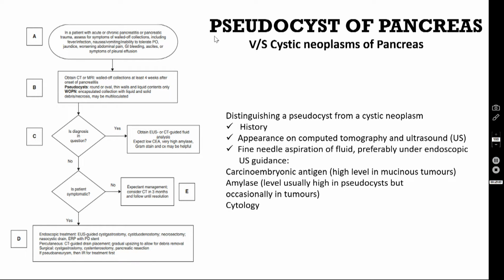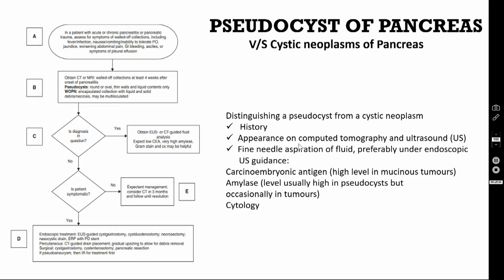You have to rule out this walled-off collection from cystic neoplasms of the pancreas, especially cystadenocarcinoma of the pancreas. How to differentiate from the neoplasm? By history alone, if the patient has a previous history of acute pancreatitis in the recent past, then you have to think of pseudocyst of the pancreas or the walled-off collections.